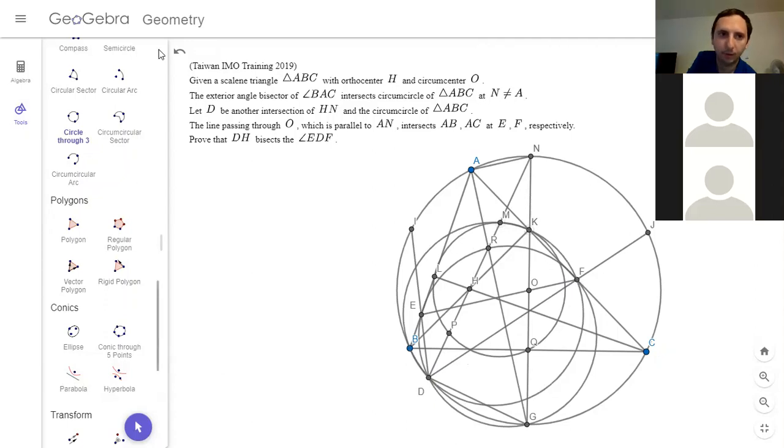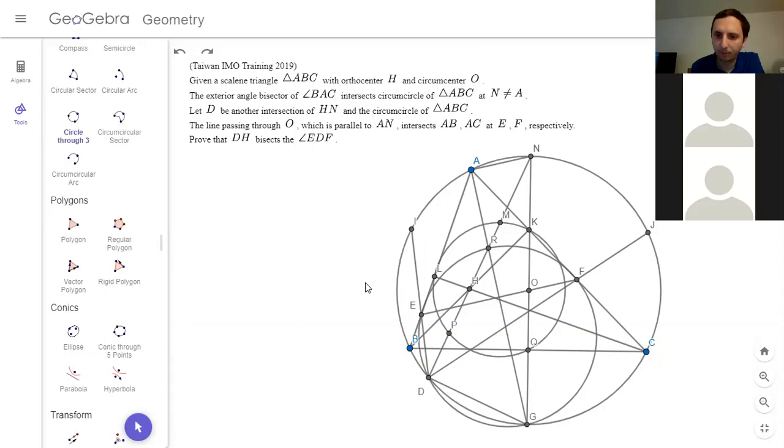We have to use a parallel condition. Is there any way we could use Pascal's combined with the parallel? Let's think.